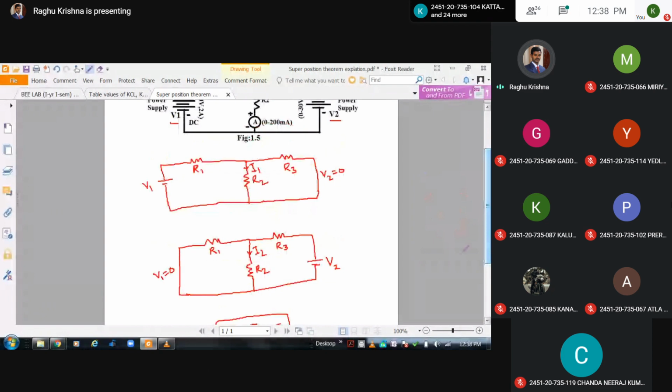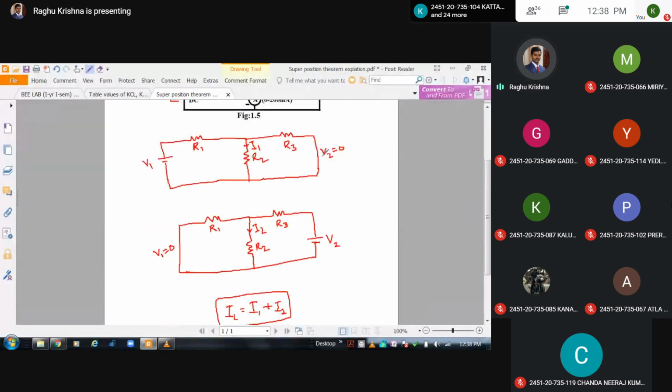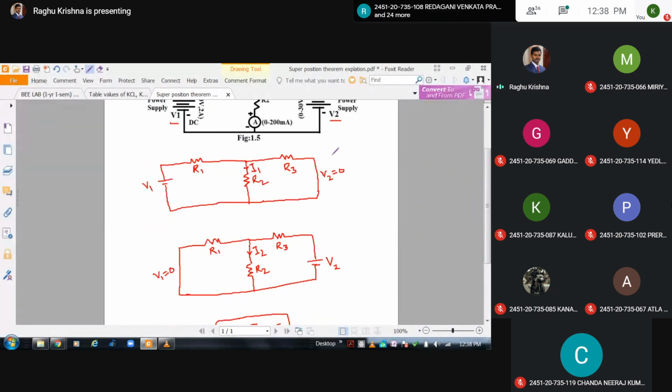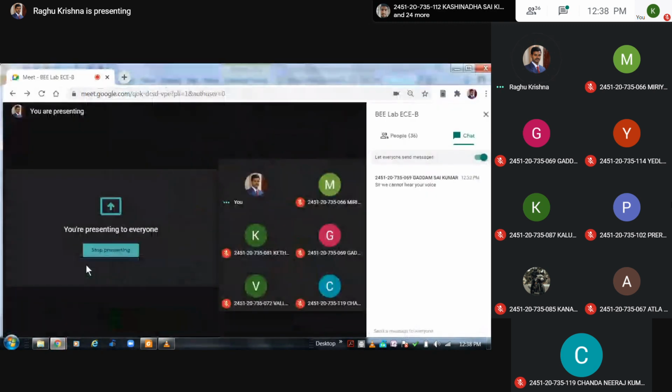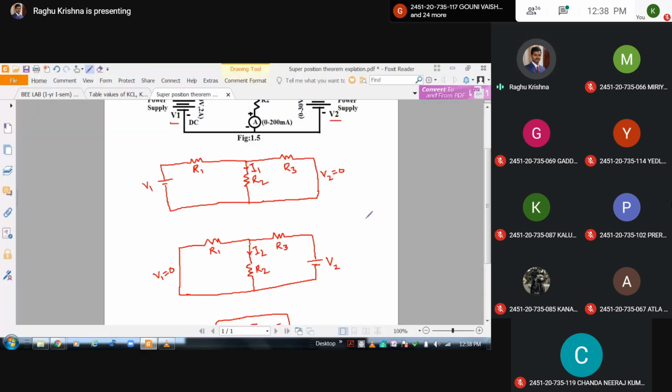So here, V2 can be made 0 by using a short circuit. And here, to make V1 as 0, replace the voltage source by a short circuit. This circuit is okay.